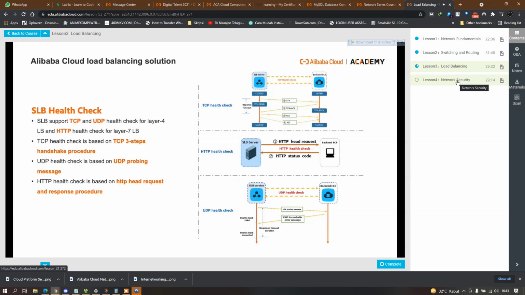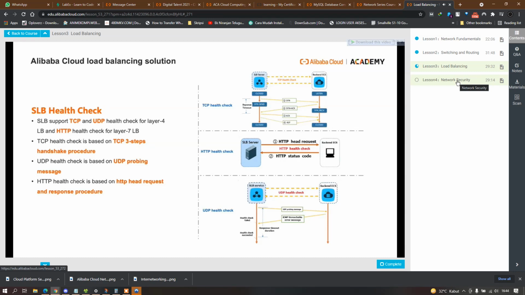The TCP health check is based on the TCP three-way handshake procedure. With the three-step health check for the TCP protocol, we can check whether the backend server can establish the TCP connection normally, and then we can know the status of the backend instances.